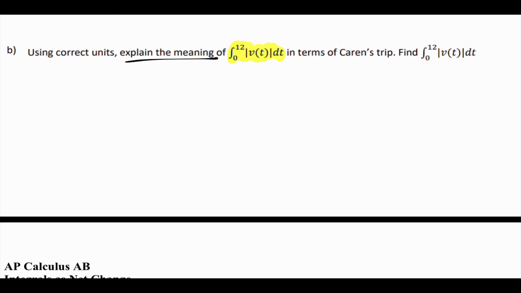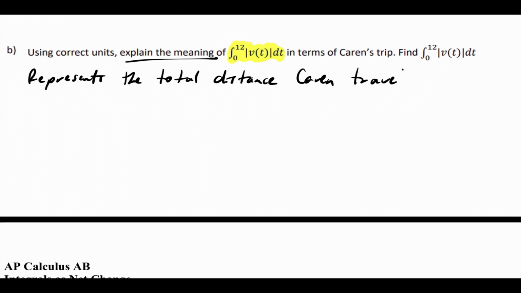So we're going to say it represents the total distance Karen traveled over the 12-minute period or interval. That's what it represents.